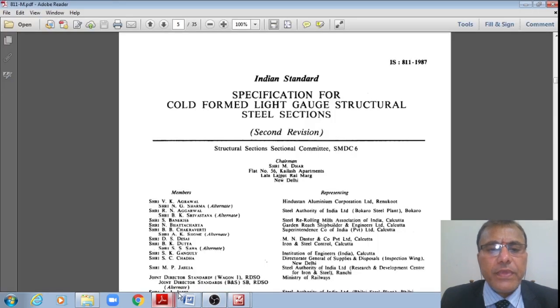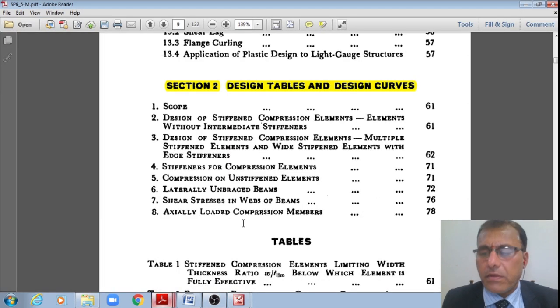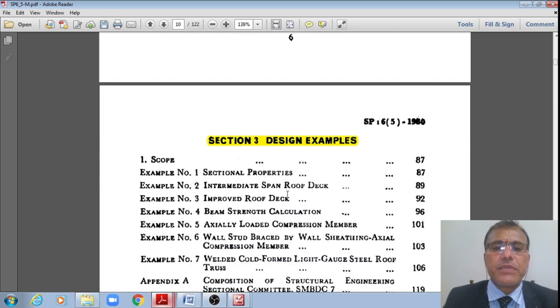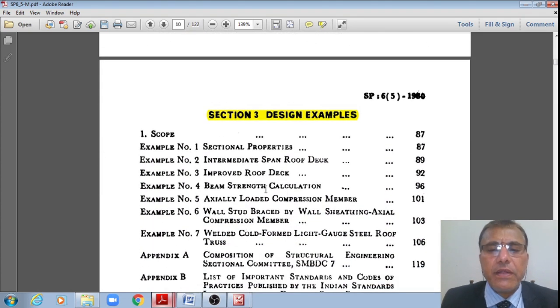The third section deals with the design examples. Some 7 examples are given showing how each of these IS 801 codal specifications can be used.